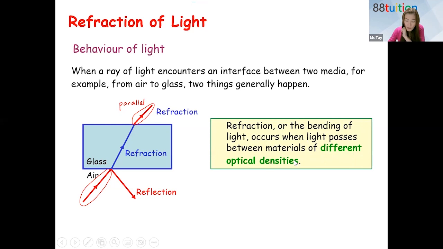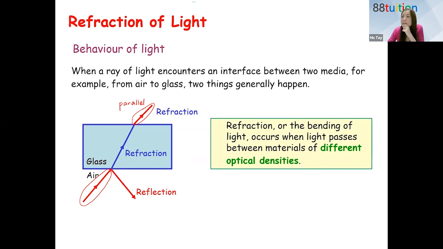So how do you define refraction? You have this question inside your worksheet. Did you answer the question? This is the very last one, I believe. Let me take a look.